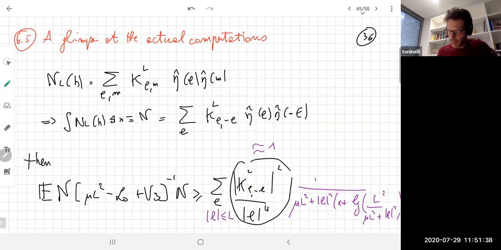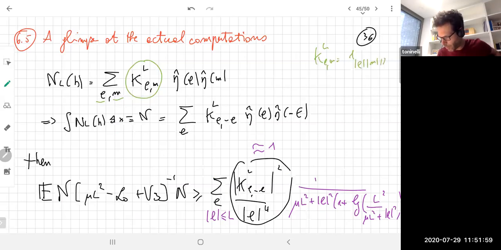Let me recall how the nonlinearity looks. Written in Fourier space, it is a sum over the momenta L and M. There is a prefactor which is important, but it's not random. It's something like KL LM, with a cutoff that tells you all the momenta are smaller than L, times something like L2 M2 minus L1 M1.